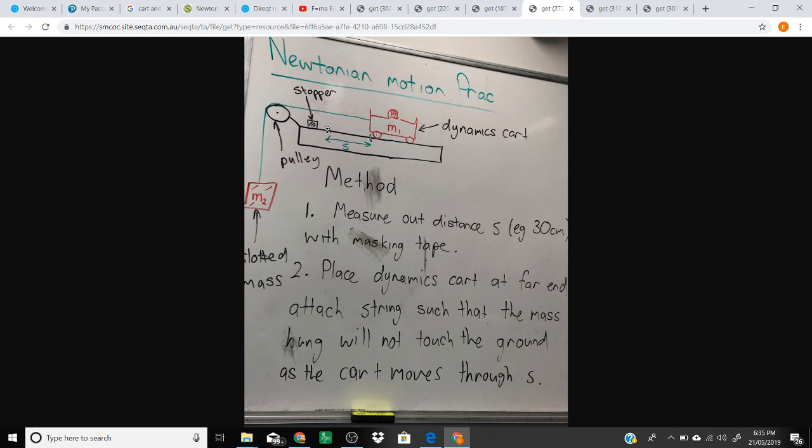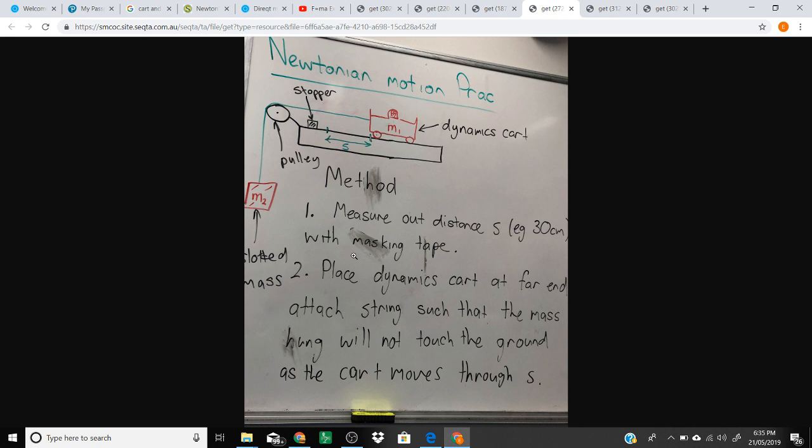Particularly throughout the motion, it's important that this solid mass is still falling as the cart is moving through the fixed distance that we want to measure. Otherwise, if it hits the ground, then the cart stops accelerating. It will keep moving, but it won't be accelerating, and that's not going to be correct in terms of the variables. All right, so measure out the distance s.